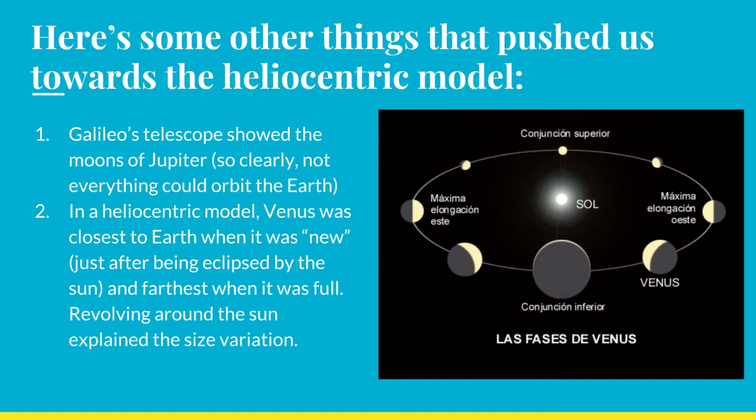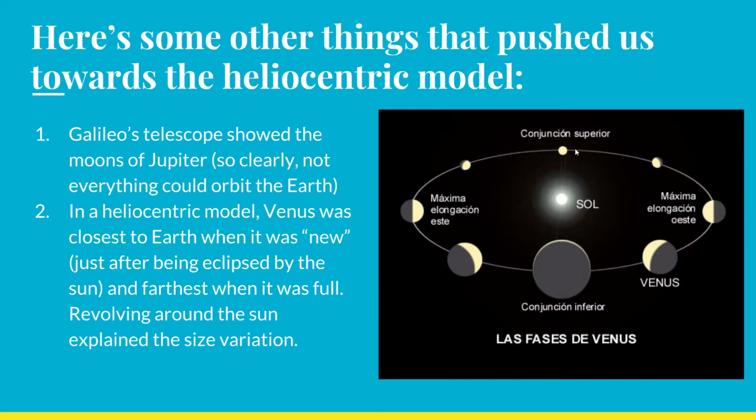And also, in a heliocentric model, Venus is going to be closest to Earth when it's new, just after it's been eclipsed by the sun, and it's going to be farthest when it's full. So, sorry, this is in Spanish, but what that means is when Venus is in between us and the sun, so as the viewer, you are Earth, when Venus is closer to Earth, it's about to be new, it's just been eclipsed, it's going to be really big.